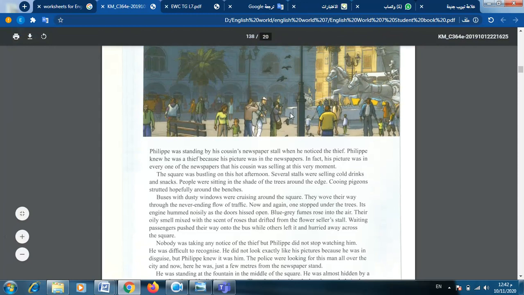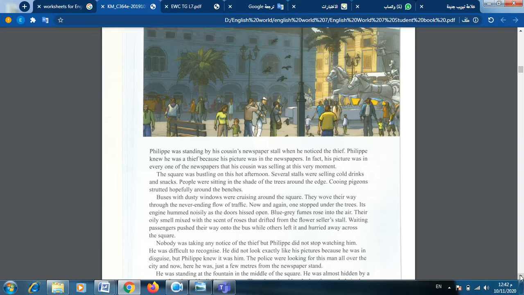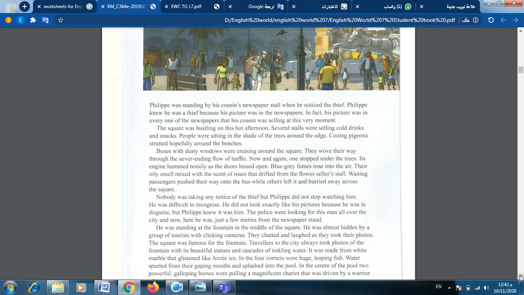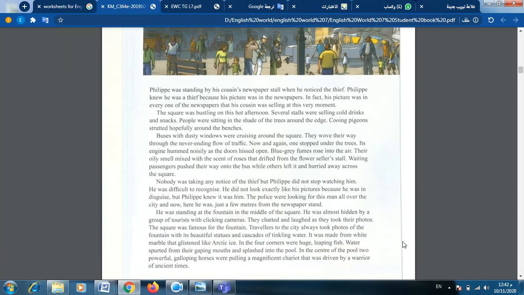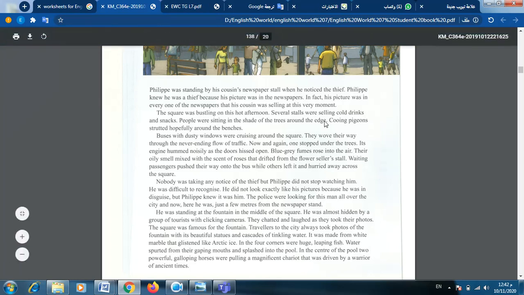It was made from marble that glistened like architect's eyes. Glistened means shining. In the four corners were huge living fish.